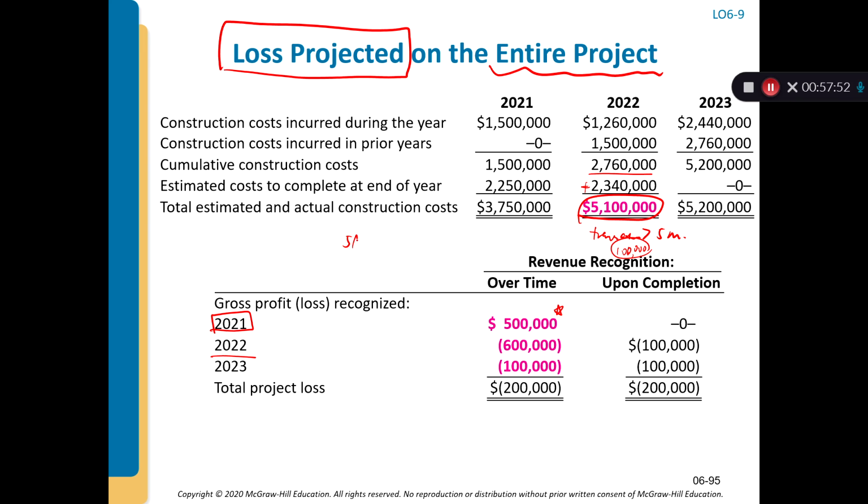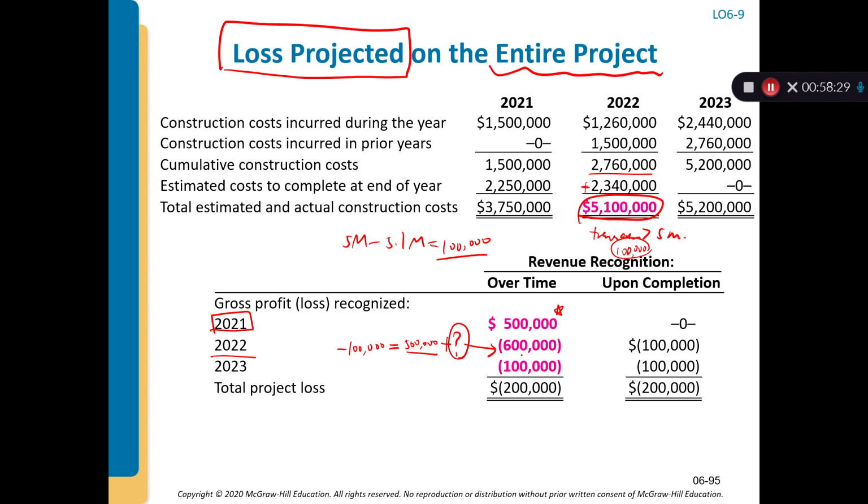Because $5 million minus 5.1 million equals negative $100,000, right? So our profit is minus $100,000, and we know that we have recognized $500,000 of profit. So what is the loss we have to incur to reduce the $500,000 not just to zero, but also incur an extra 100,000? That means the loss is actually $600,000, okay?